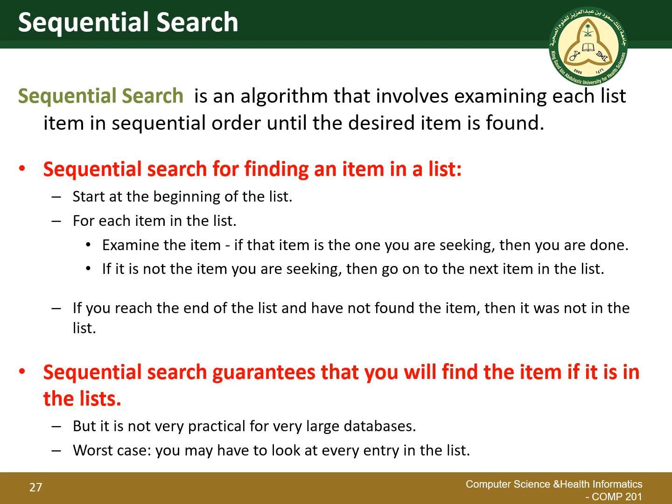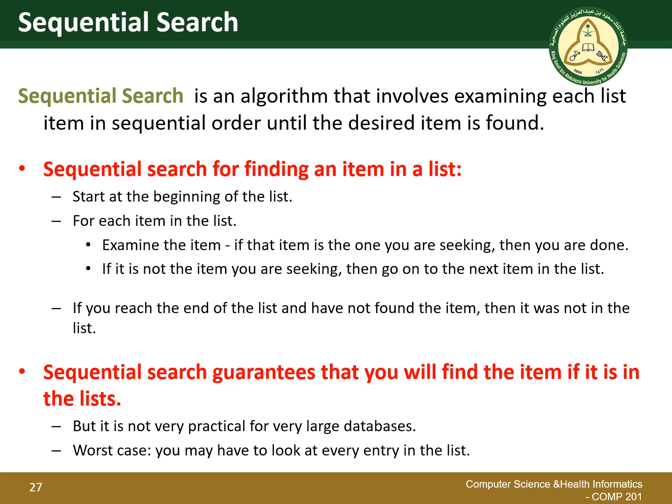So the steps of sequential search. First, we start from the beginning of the list, and for each item in the list we repeat the following. Examine the item. If the item is the one you are seeking, then you are done. If it is not, go to the next item.